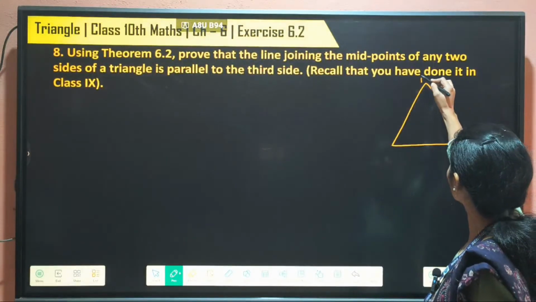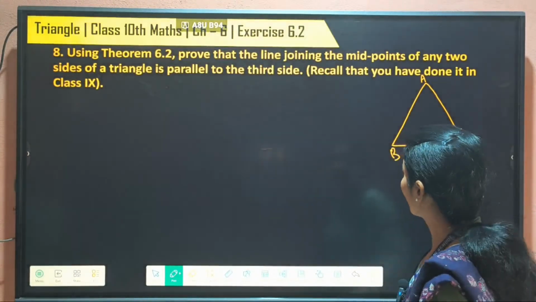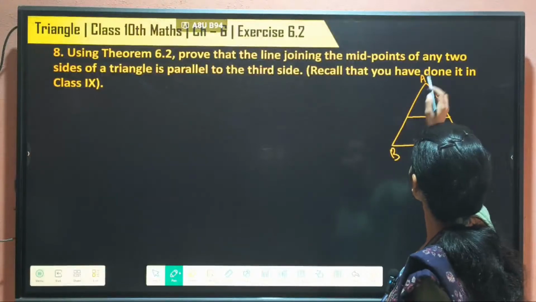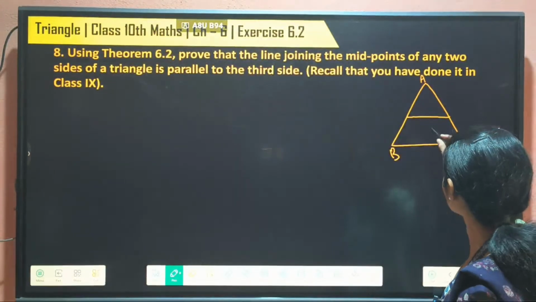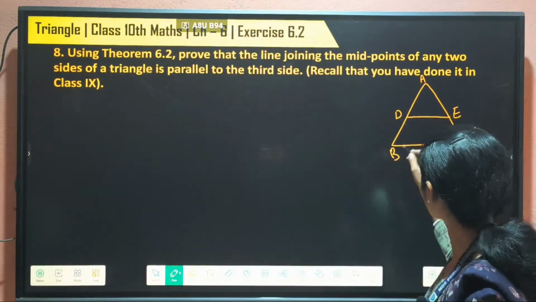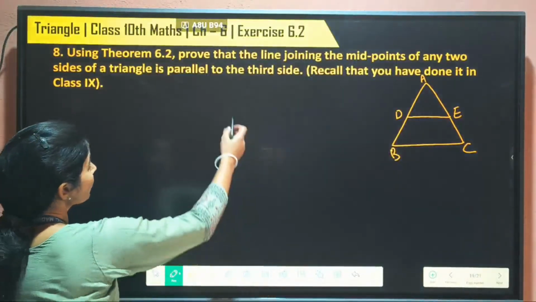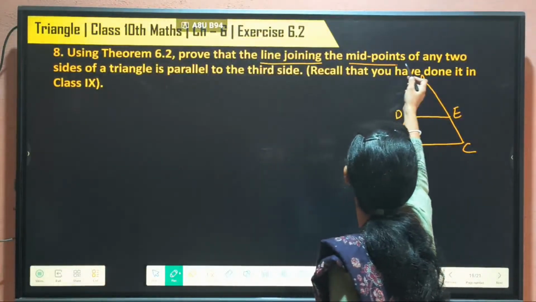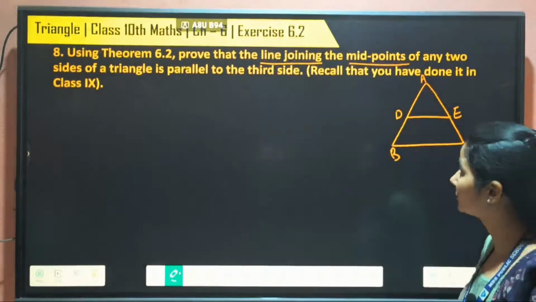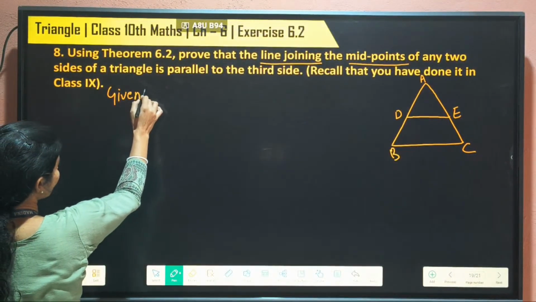Let us draw a triangle ABC. A line joining the midpoints of any two sides of a triangle. Consider D and E. D is the midpoint of AB and E is the midpoint of AC. Prove that the line joining the midpoints of any two sides of a triangle is parallel to the third side. First of all, write what is given.